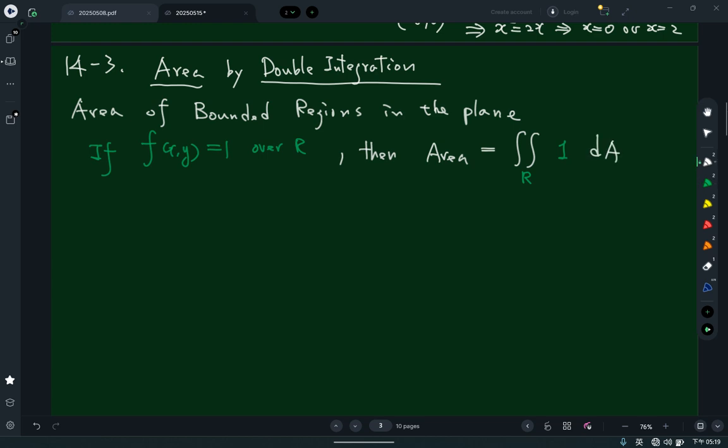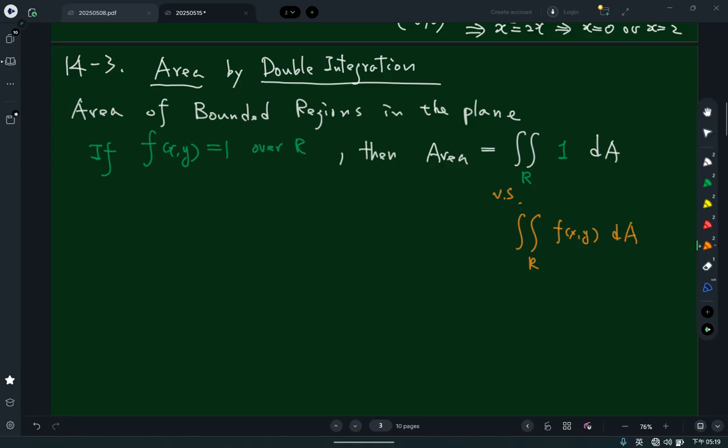So you can have a simple comparison with this one: double integral over R of f of x,y dA. You can see, I just force f of x,y as 1.